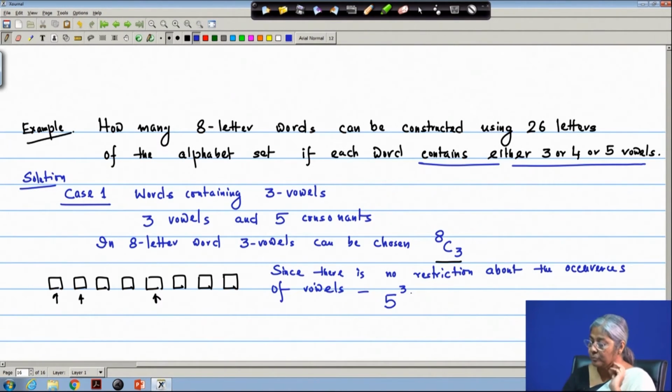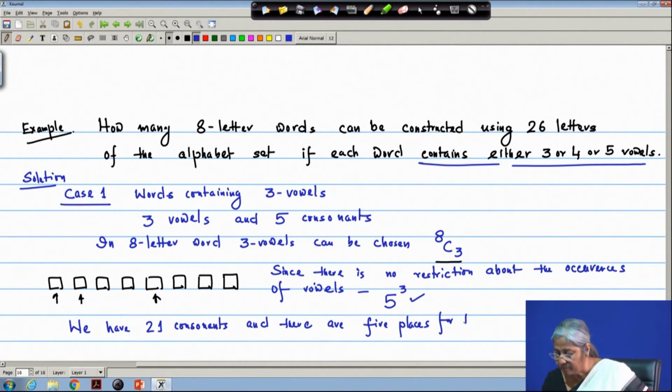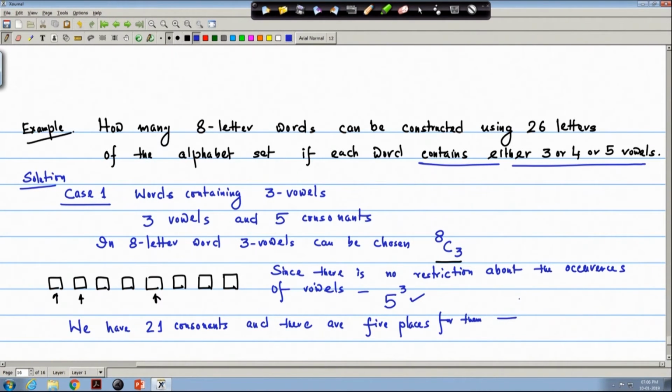So, I can put them in these ways. Then for the remaining 5 places, we have 21 consonants, since 3 places already have vowels and there are 5 places left.